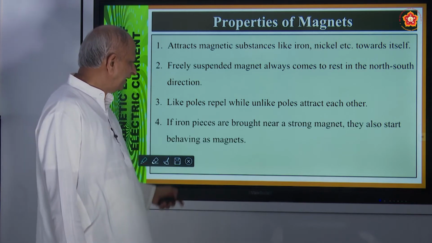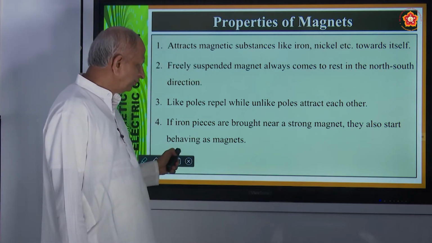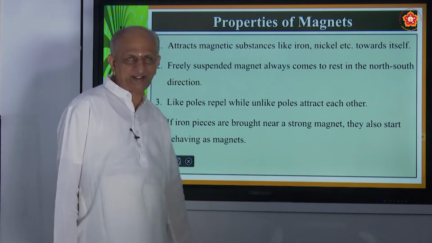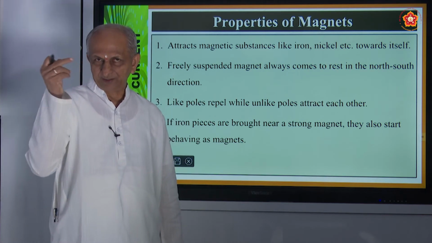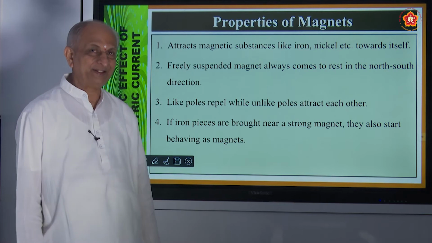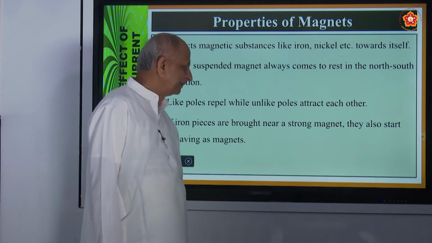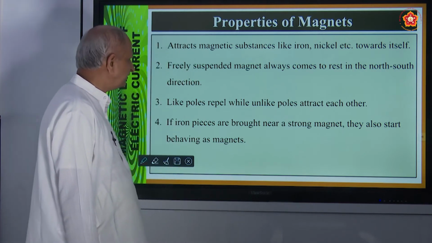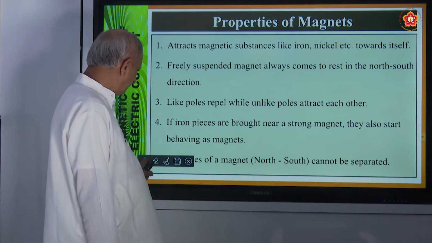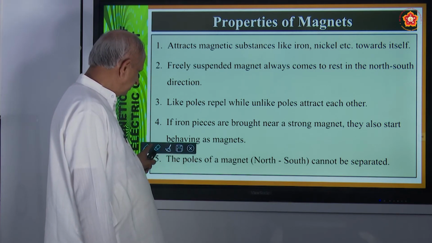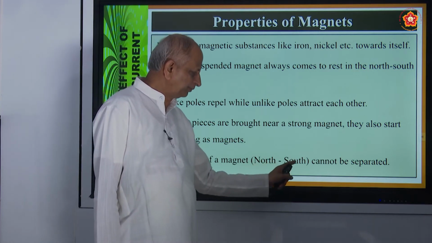And when iron pieces are brought near a strong magnet, they also start behaving as a magnet. So even a small thing brought near the magnet becomes like a magnet, of course temporarily. And let us see some experiments or activities in connection with these properties.